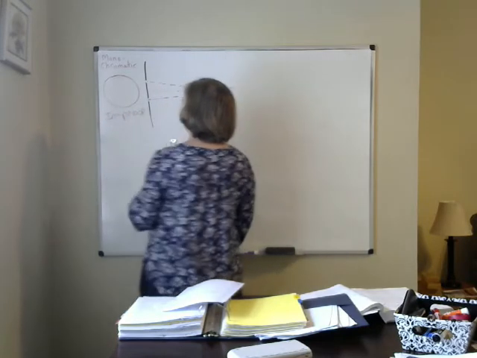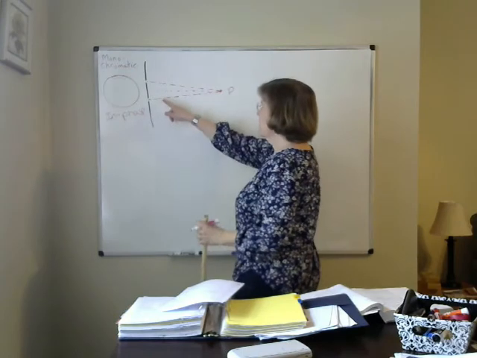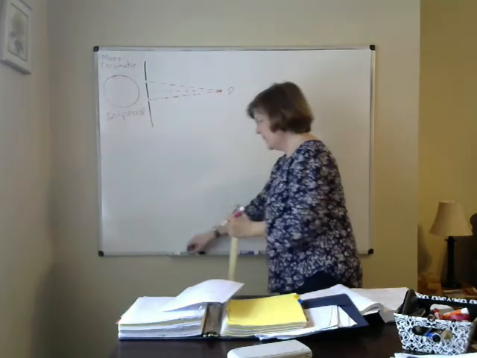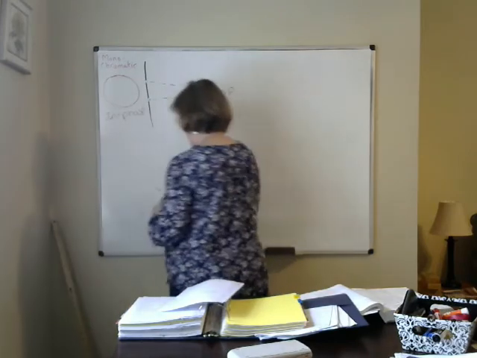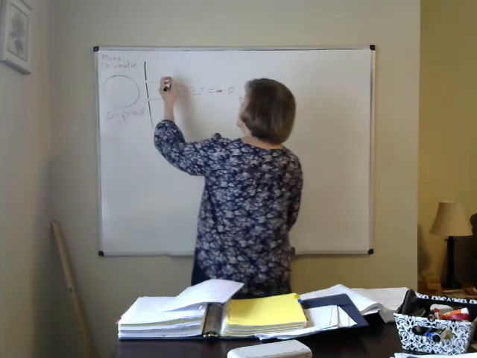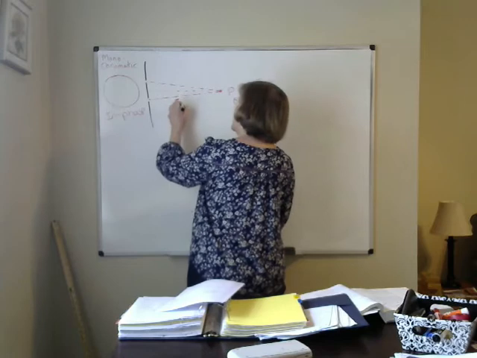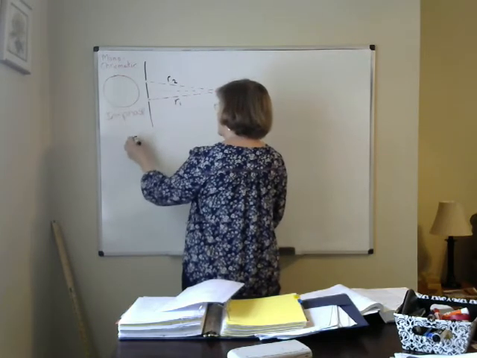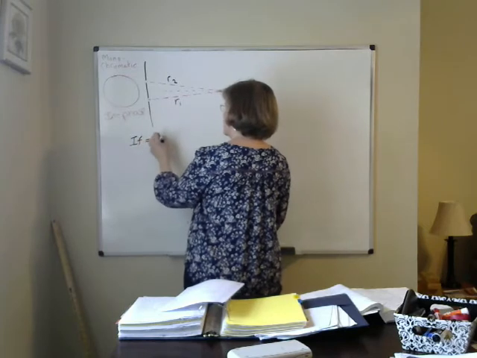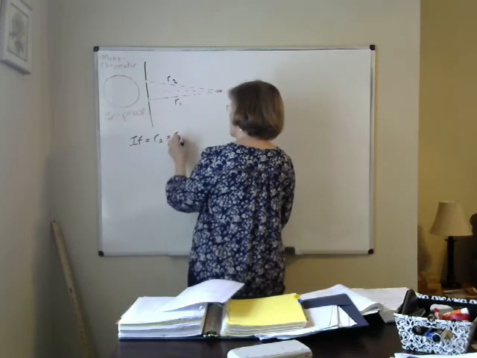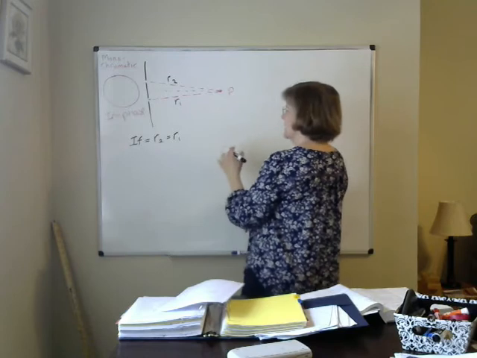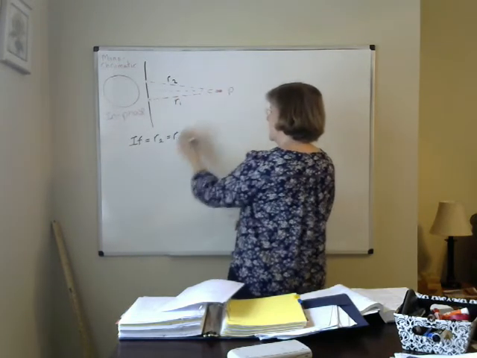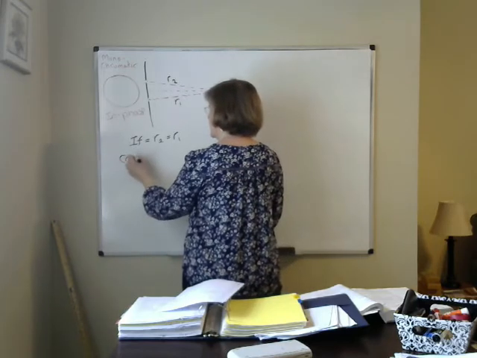Well, in this case, if they're both going the exact same distance, and that's my assumption there. If I call this R1, and I call this R2, if R2 equals R1, that distance is the same. We are going to arrive in phase, and we're going to get constructive interference.